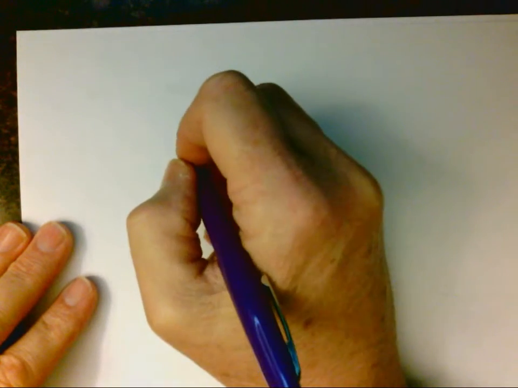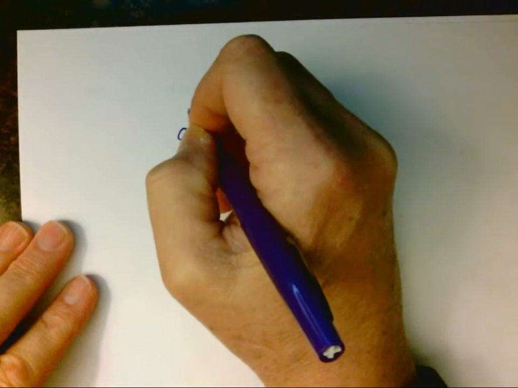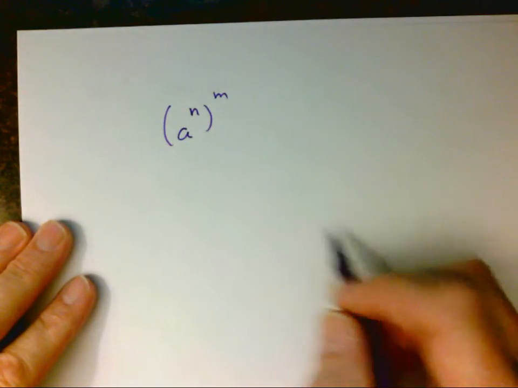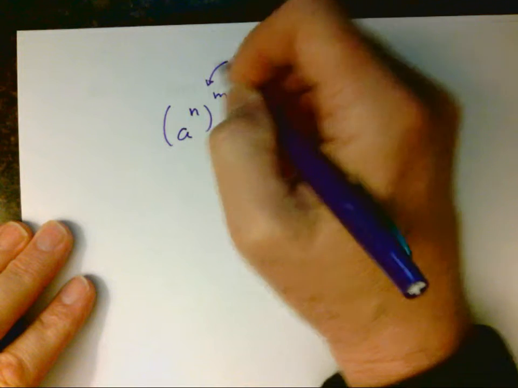So, another property of exponents. If you have a to the n all to the m power, so these are called nested exponents.